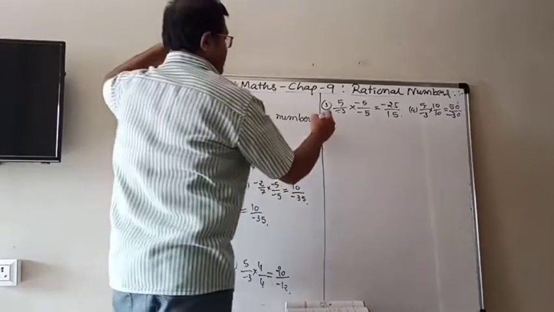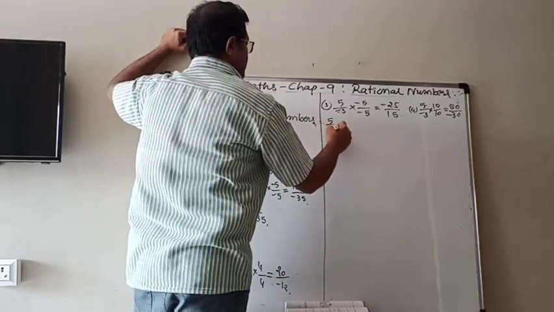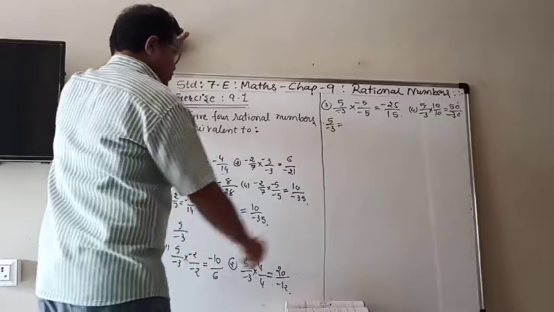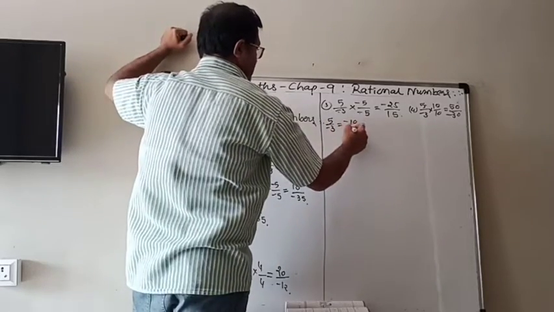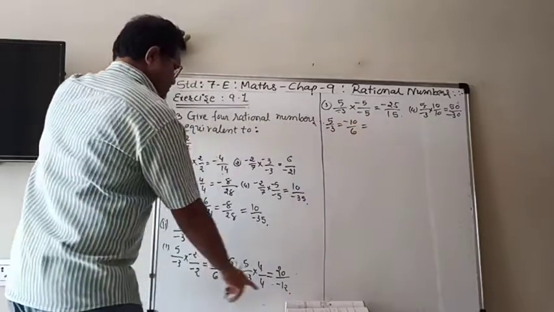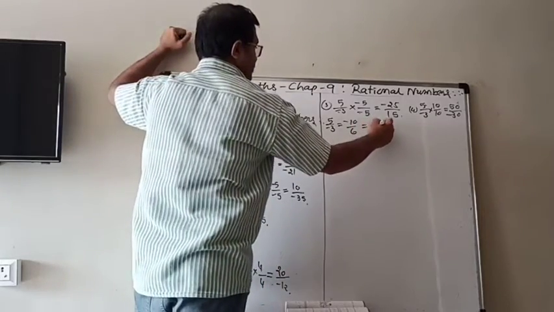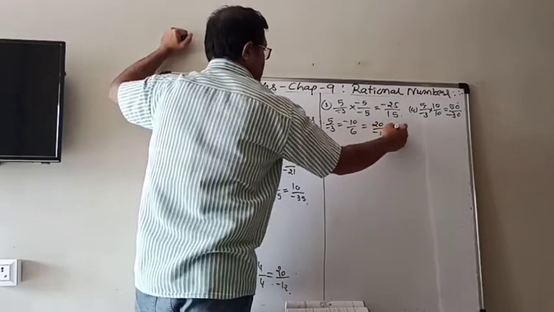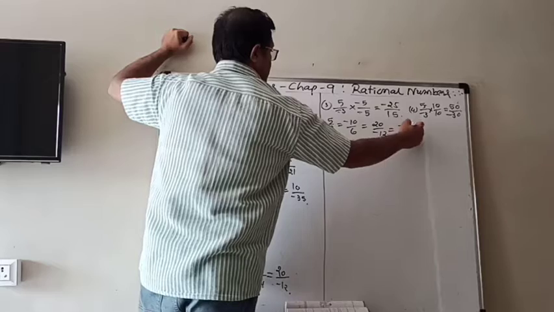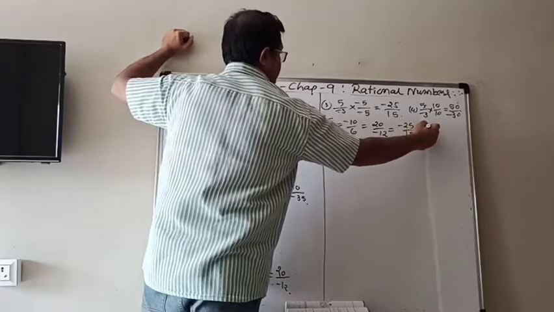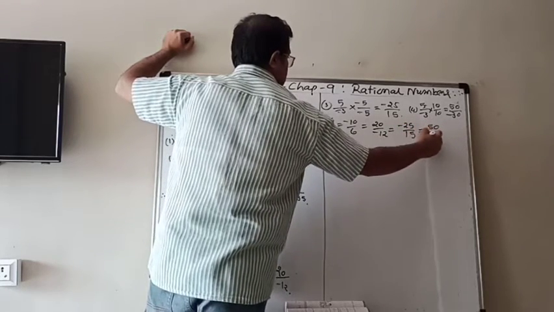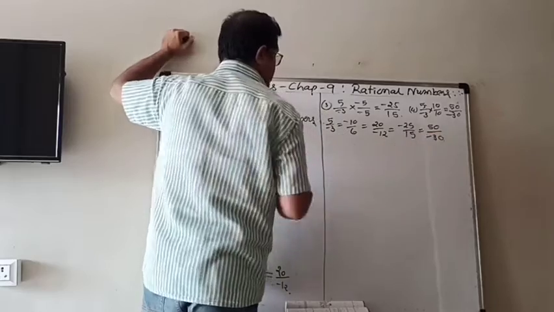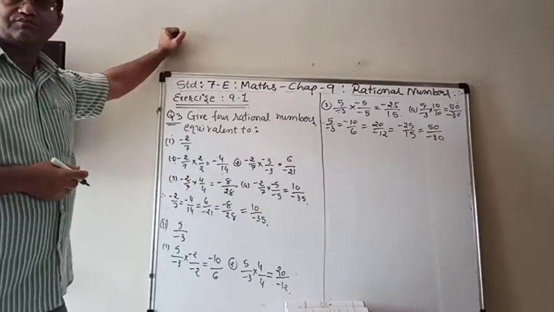So therefore we can write down 5 upon minus 3 is equal to minus 10 upon 6 is equal to 20 upon minus 12 is equal to minus 25 upon 15 is equal to 50 upon minus 30.